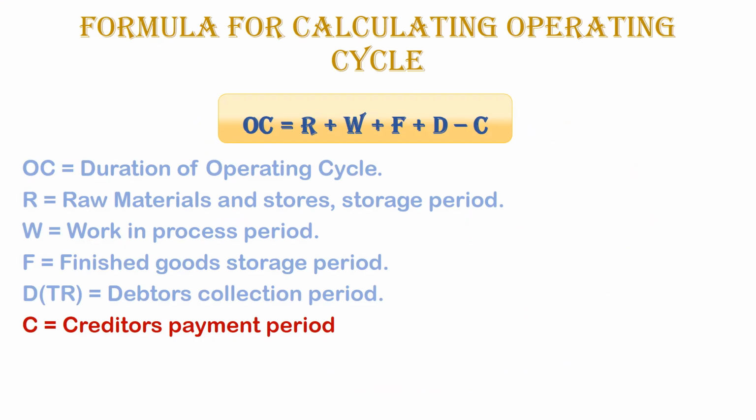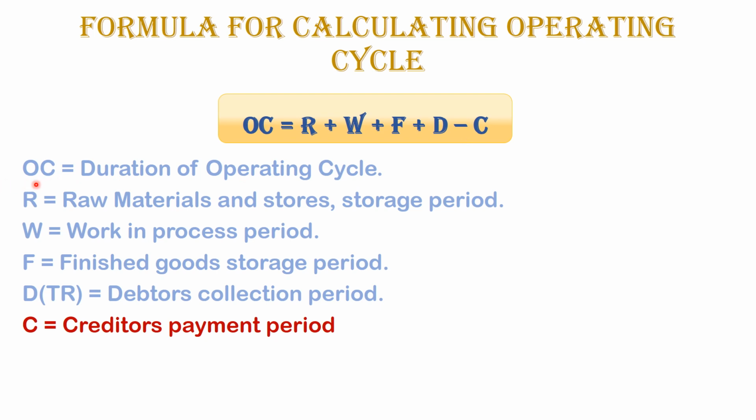Now we shall see the calculation of operating cycle. As we know, operating cycle is a time duration just equal to the sum of the duration of each stage, that is R plus W plus F plus D minus C, the credit period allowed by creditors to the firm.